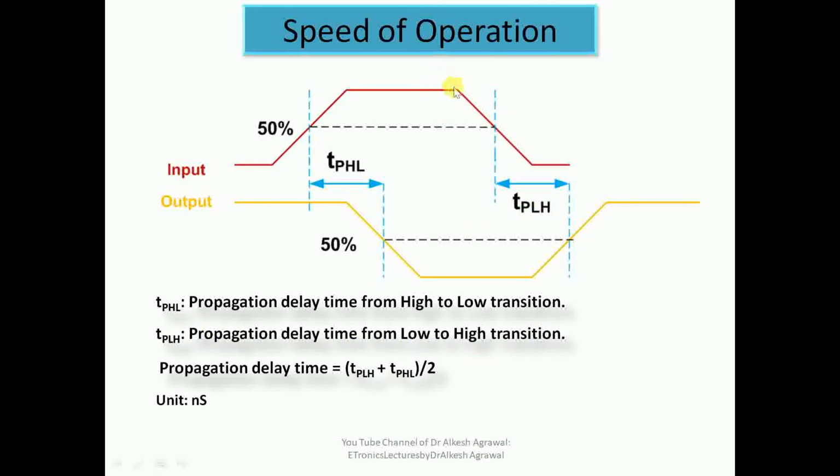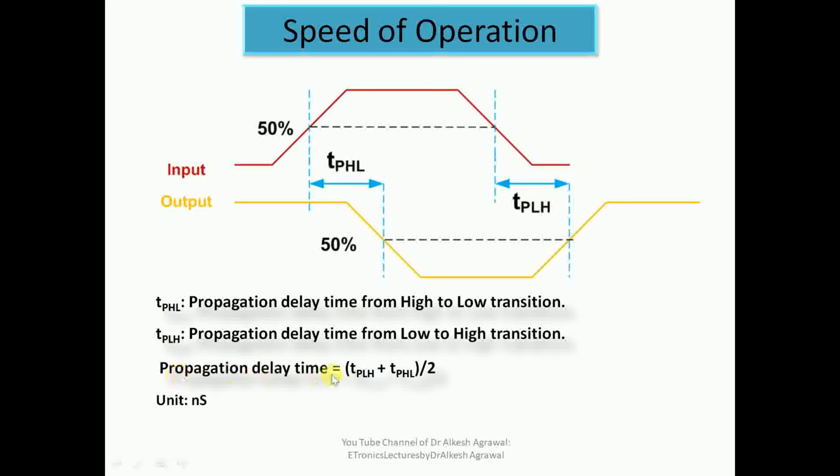That is, the input response is approaching from high towards low, and the moment it crosses 50%, and here the output response is approaching from low to high status, and we have a mark of 50%, and the difference of the two is TPLH.